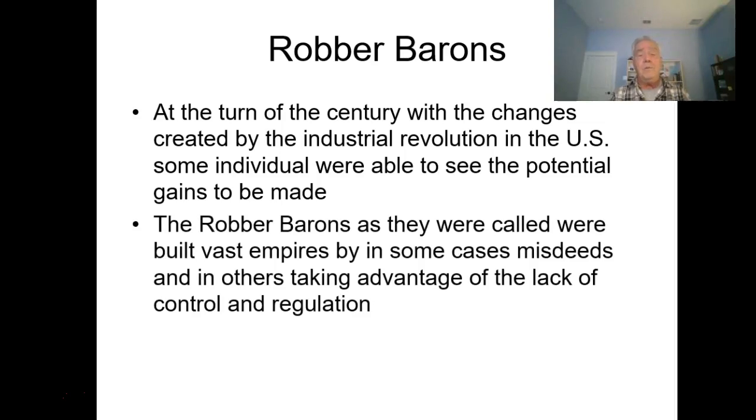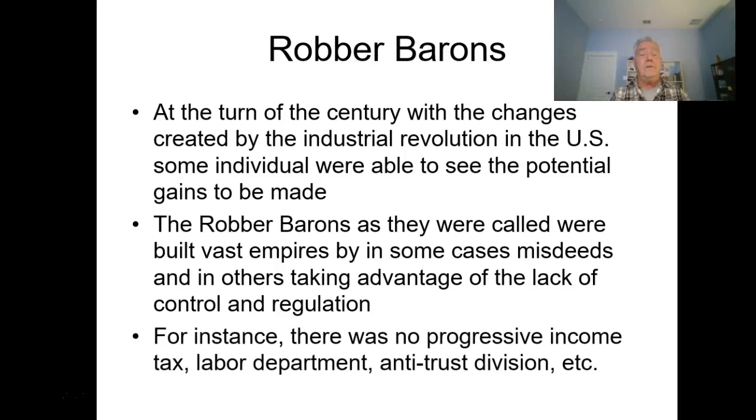They were called the robber barons because they accumulated vast empires, some of them by misdeeds, others by taking advantage of the lack of regulation and control. As I said, at this time, turn of the century, there was no Justice Department antitrust division. The government was completely a hands-off type of environment.